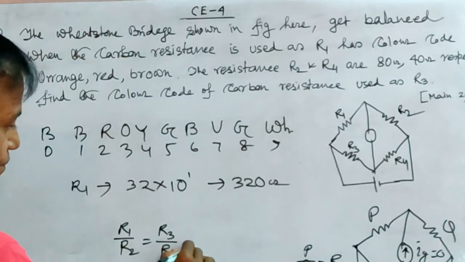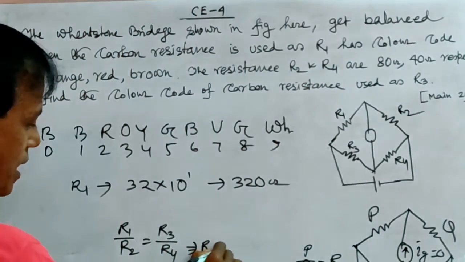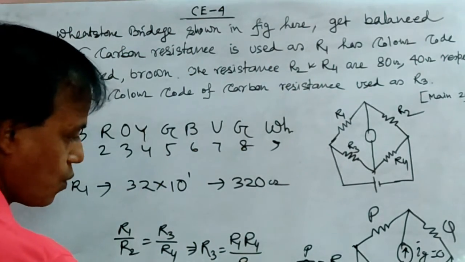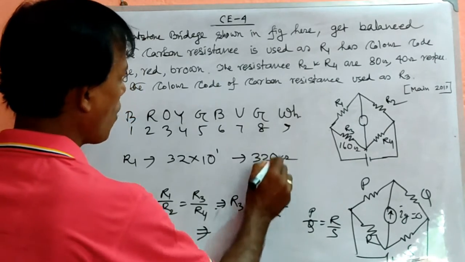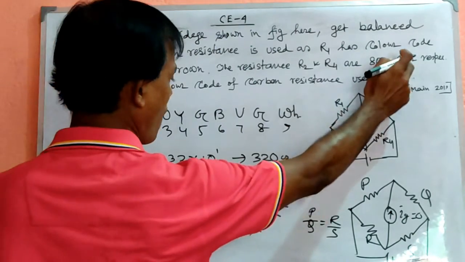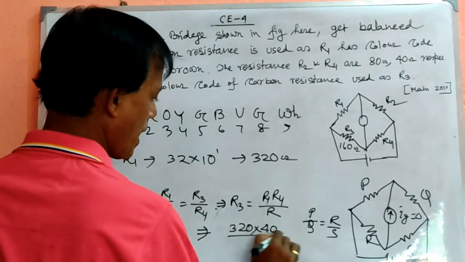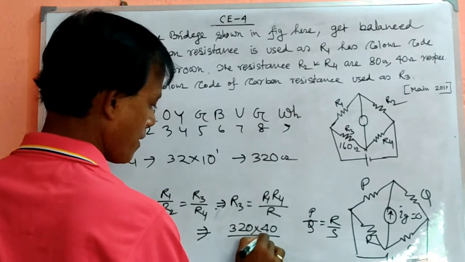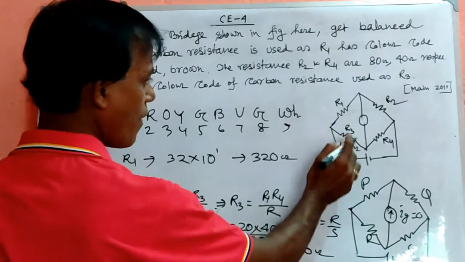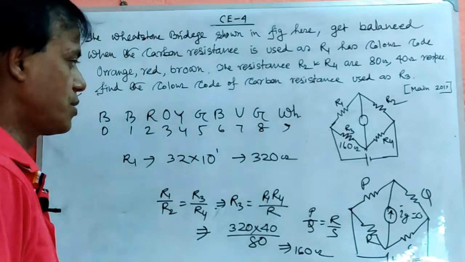Hence R3 is equal to R1 into R4 by R2, which is 320 into 40 by 80. It comes to 160 ohms. So the value of R3 is 160 ohms.